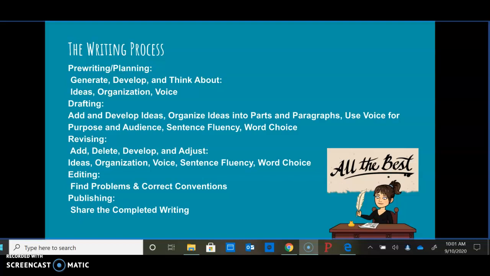This is something that I've noticed in a lot of your writing already, that you're not going back and editing. You're not going back and looking over it. And that is something that you need to do to make sure that you have no problems in your essay. You don't have any grammatical problems or spelling errors.